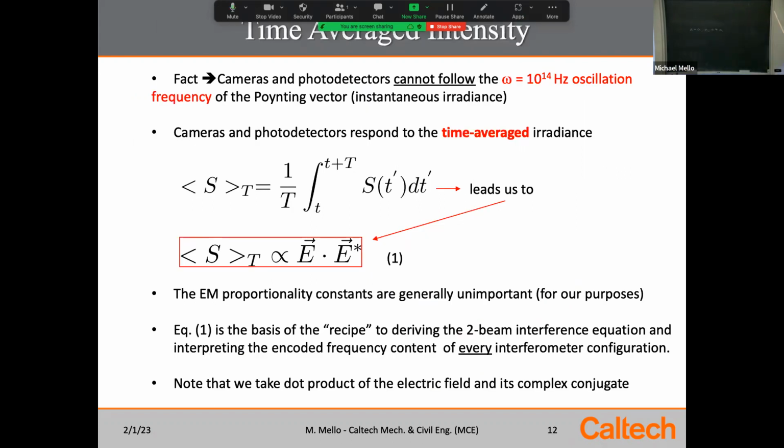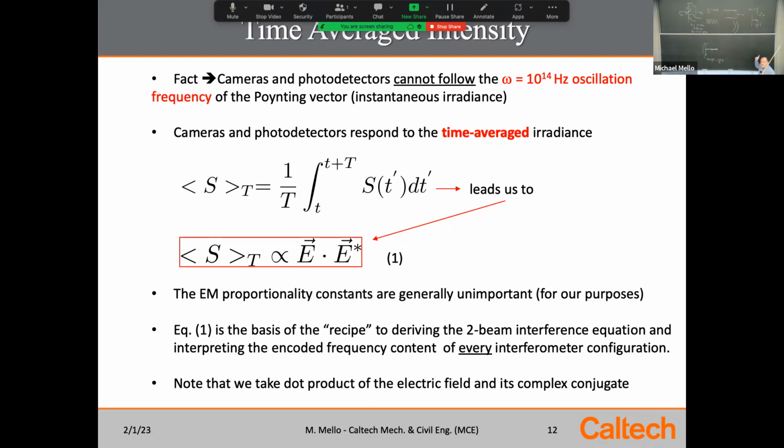Now, here's the catch. Please tune back in if you momentarily tuned out, because this is the magic. Before we see the math, just hear this one out. Never forget this. Light fields vibrate at an obscene frequency. Look at that number.